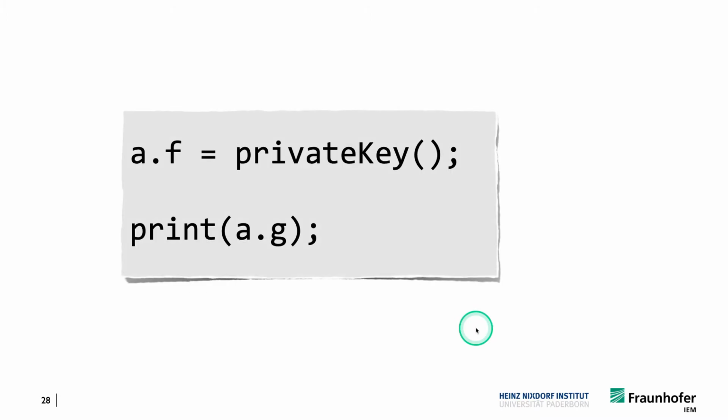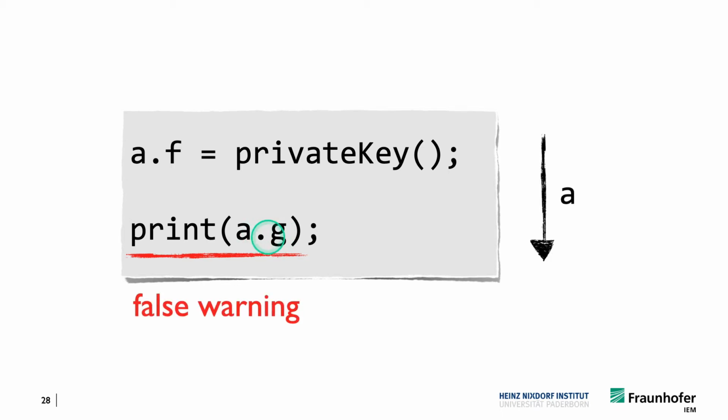And why are they important? Well, for instance, in this case, right, if you're assigning something to A.F and you're printing A.G, then of course you want to avoid a false positive here. So you would normally get a false warning if you had a field-based representation like you see here, where the field is ignored, right?